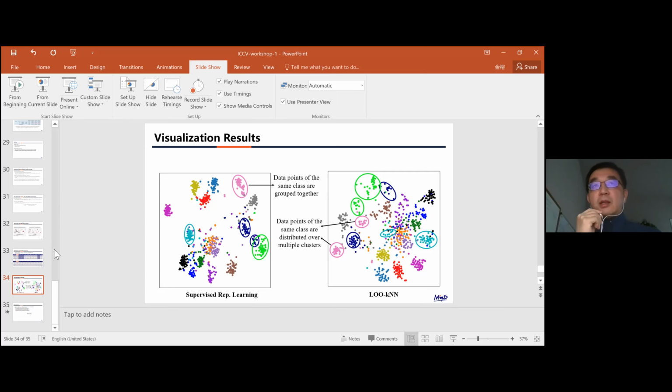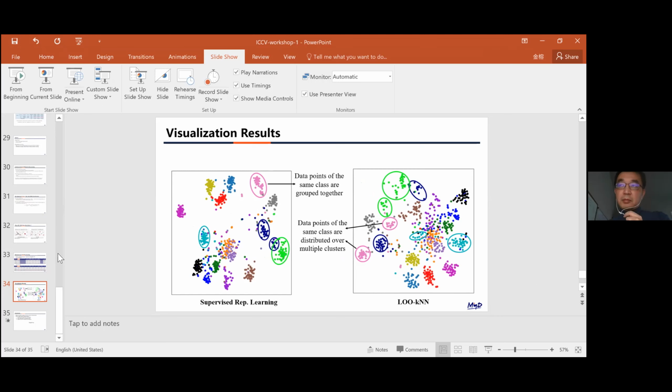Now, the reason the KNN has the power to allow each class of data points to be split into multiple clusters is that for a k-nearest neighbor classifier, in order to make a prediction correct for each of the data points, everything being required is that most of the k nearest neighbors of any data point share the same class as the target data point.